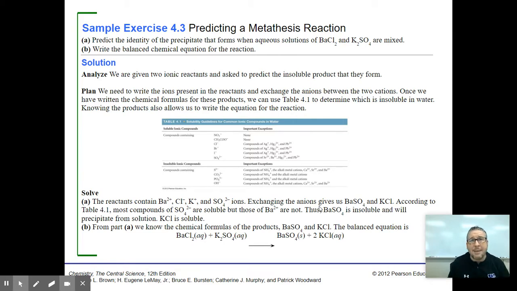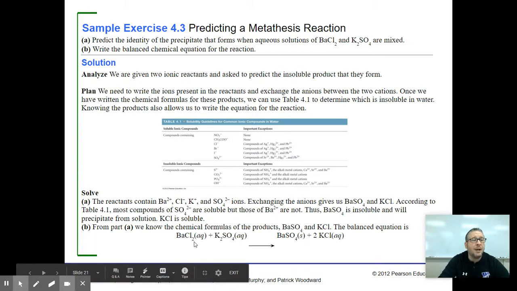So let's look at a sample exercise here. We are predicting a metathesis reaction. Predict the identity of the precipitate that forms when aqueous solutions of barium chloride and potassium sulfate are mixed. We are then to write a balanced chemical equation for the reaction.